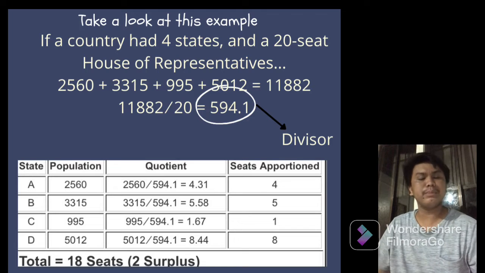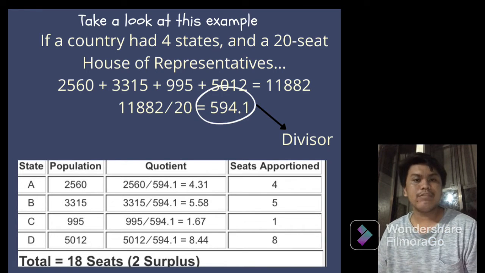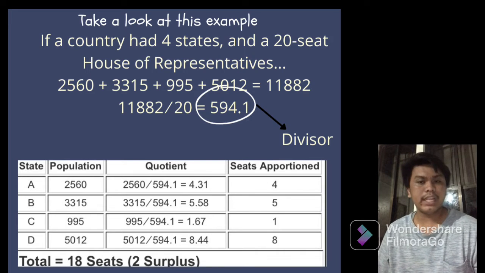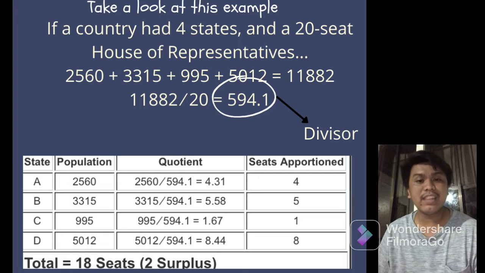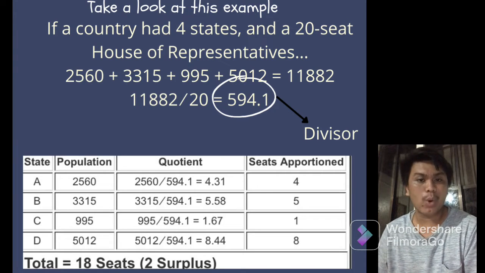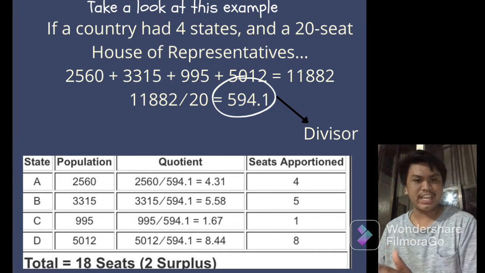So we have totaled the population. Now, what are we going to do? There are 20 seats available. So 11,882 will be divided by 20, and we get the divisor of 594.1. And we will divide each state's population by 594.1.